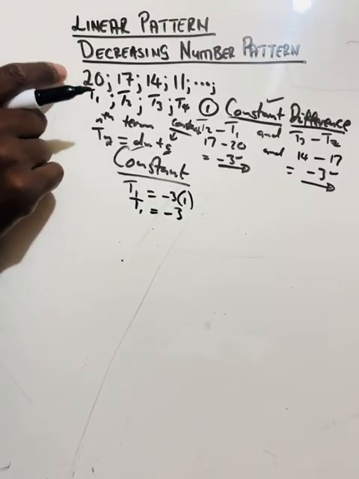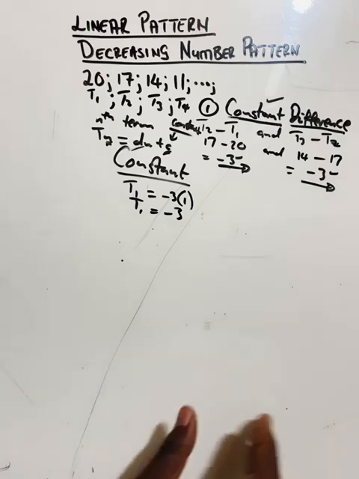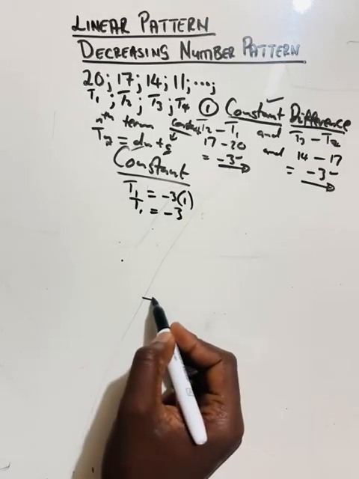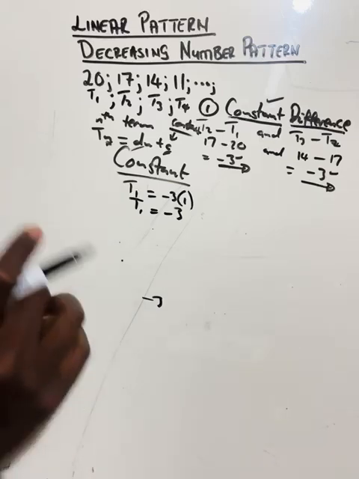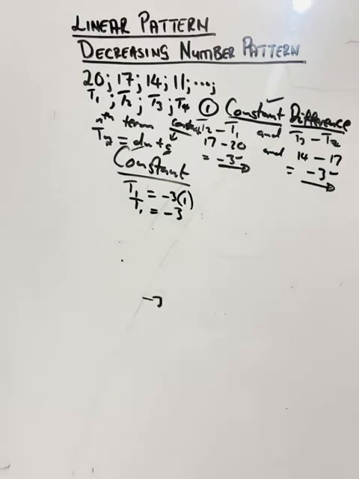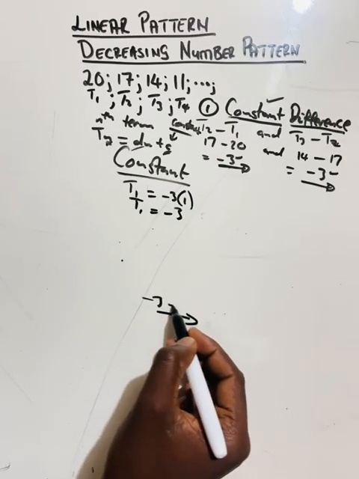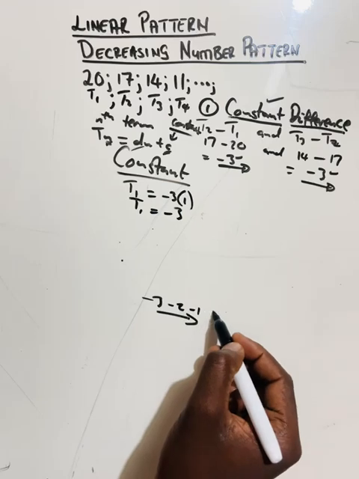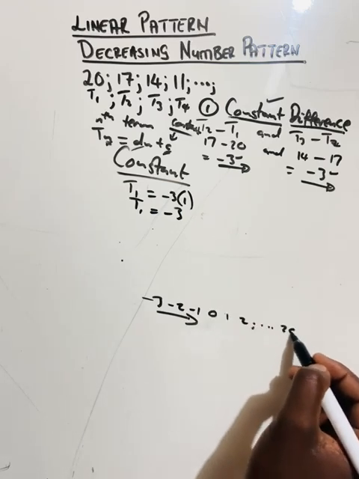But when we look here, we don't have negative 3, right? What do we have? We've got the number 20. What does it mean? Now we ask, if we are on a number line at negative 3, do we add or subtract in order to get to positive 20? It means that we must add. When we are adding, we go in that direction, meaning we say negative 2, negative 1, 0, 1, 2, until you reach 20.